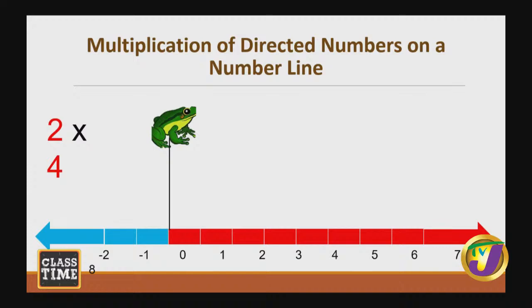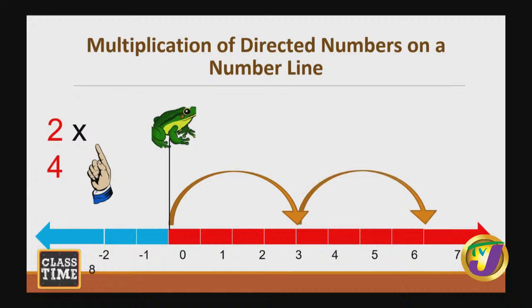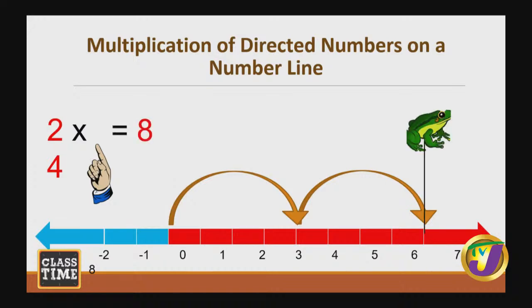Given that the 4 is positive, what direction are we going to jump, forward or backward? We're going to jump forward, and we're going to make 2 jumps forward because we have 2 groups of 4. That would take us to positive 8. So there's our Froggy. Our Froggy successfully landed on positive 8.